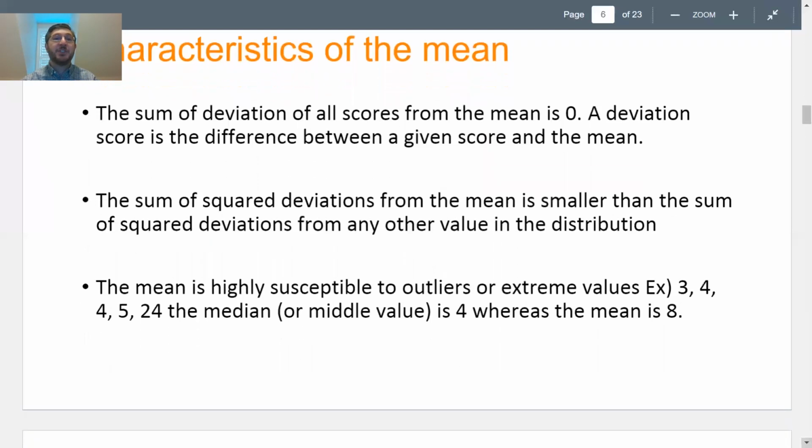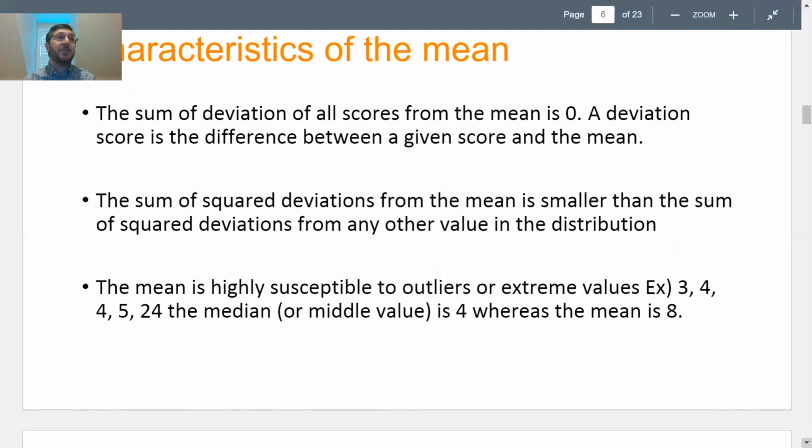And then the sum of squared deviations from the mean. So if we took each score in the distribution, subtracted it from the mean, squared it, the sum of all of those deviations will be smaller than any other value.